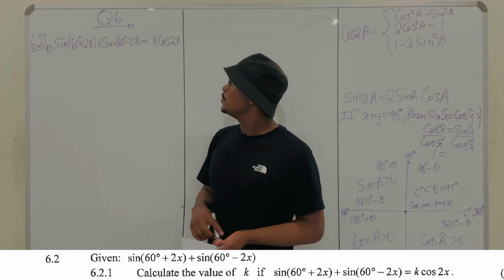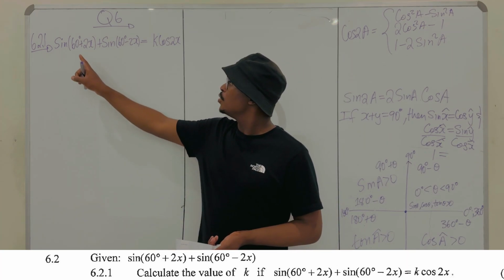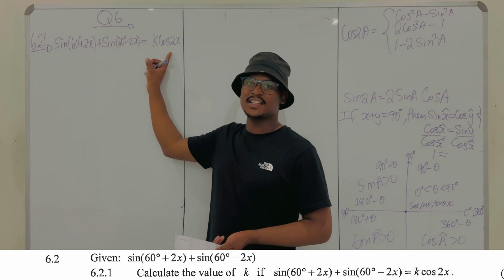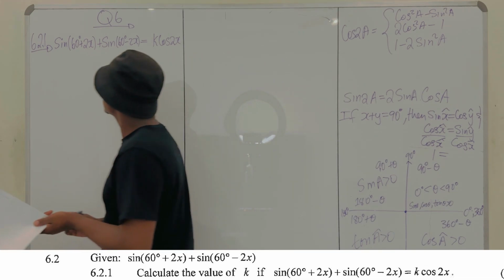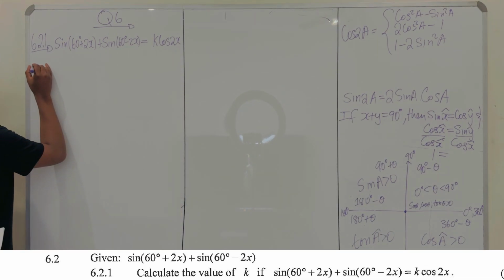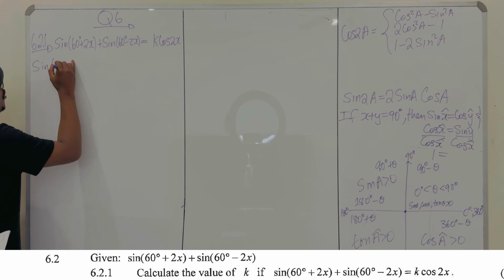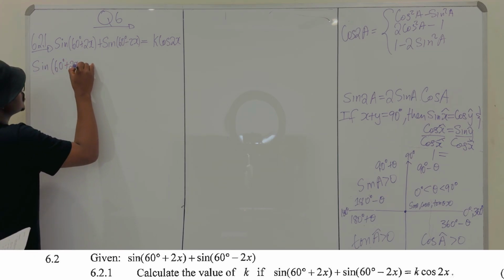So what we need to do is work with the left-hand side and try to make it look like the right-hand side. Maybe there will be a resemblance between the two sides, right? So in that case, you have sine of 60 degrees plus 2x. What is this part only?